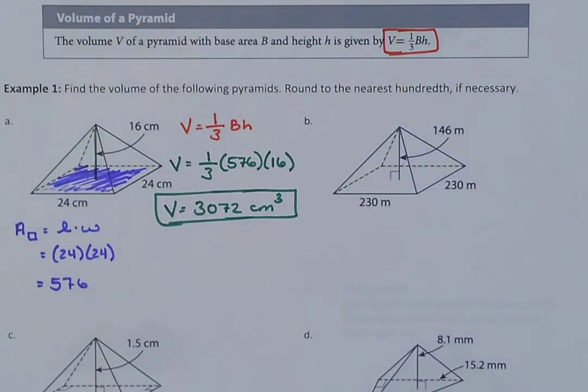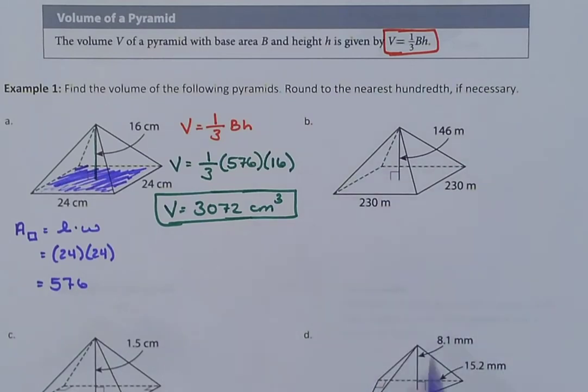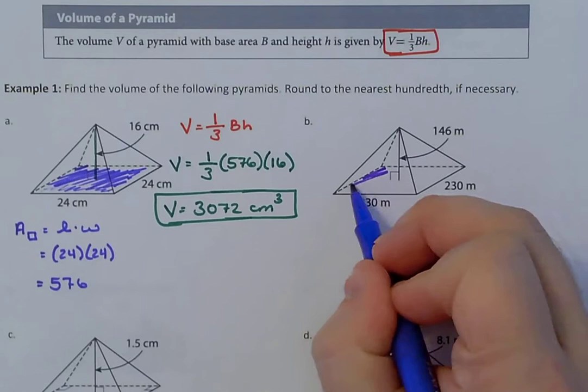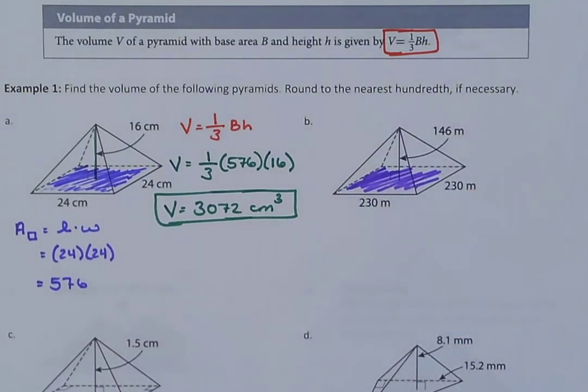Alright, so with that said, we're going to go ahead and practice a few more, so that way you have a few more examples to reference on the homework. Next one, for part B, again we have a rectangular pyramid. And it's a rectangular pyramid because the base is a rectangle.